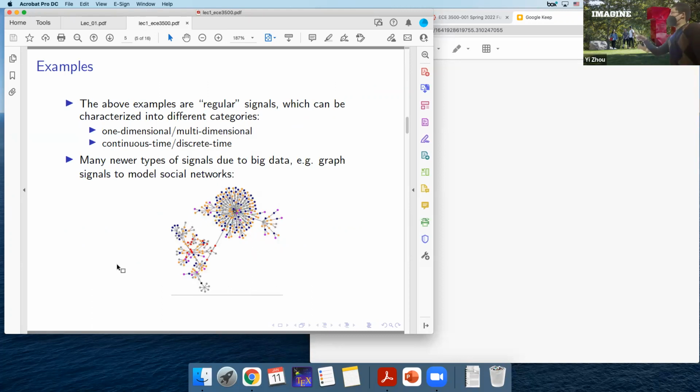So looking at this graph, what do you think could be a proper axis for describing the graph? Apparently, you cannot just look at this picture, right? It is just a visualization. You can visualize it in two-dimensional or three-dimensional.